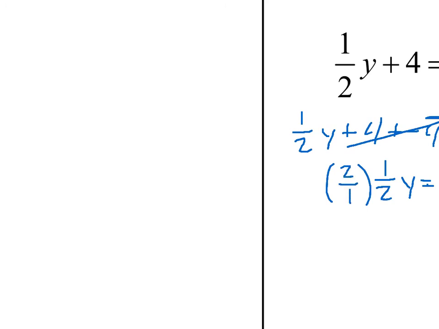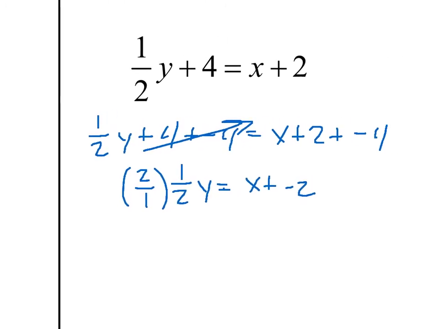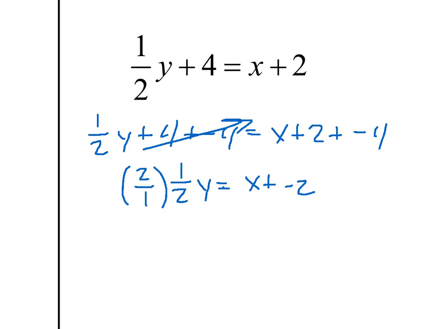2 over 1 is the same as what whole number, Mauricio? 2. Now, again, very careful. Being very careful here. If I have two terms, I have to multiply the entire side by 2 over 1.